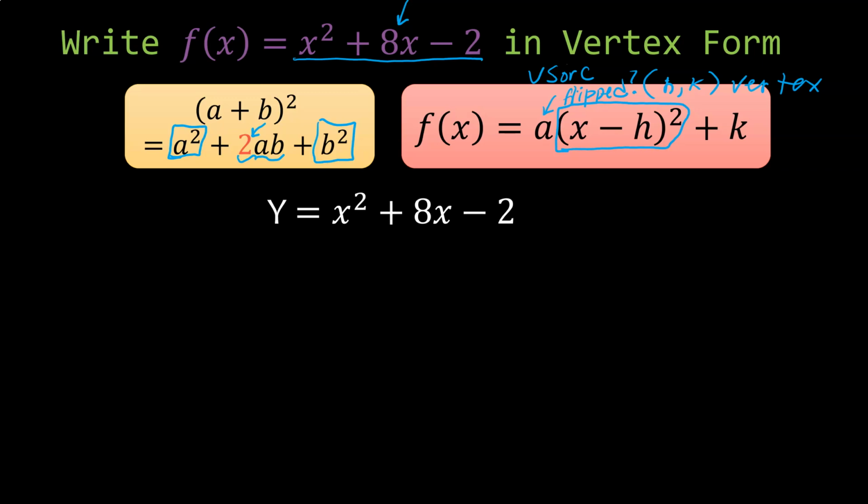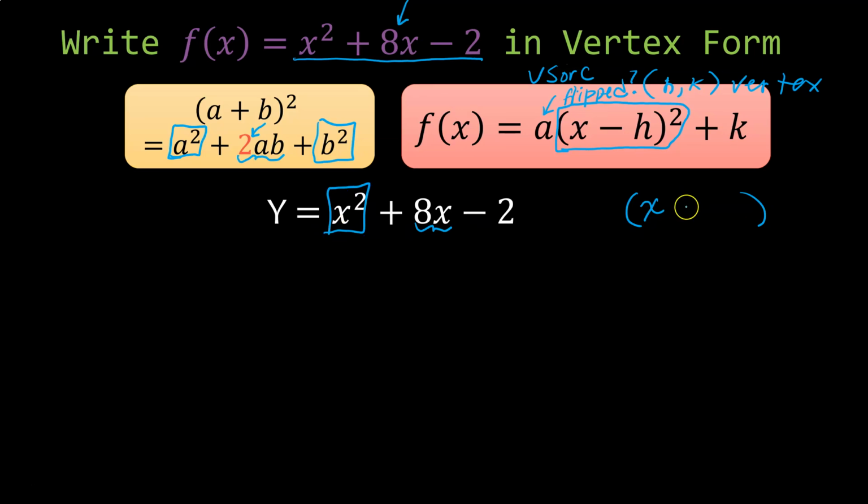If we think about the 8x being the middle term, which is twice the product, then when we go backward, the perfect square would have to start out with x, because x squared is your first term right here.